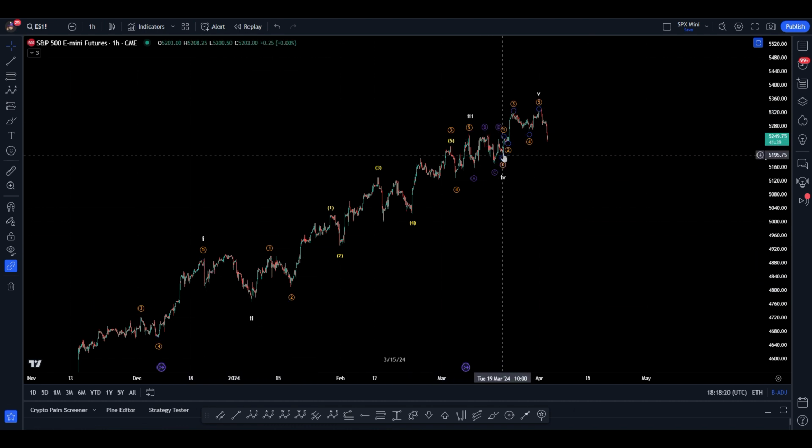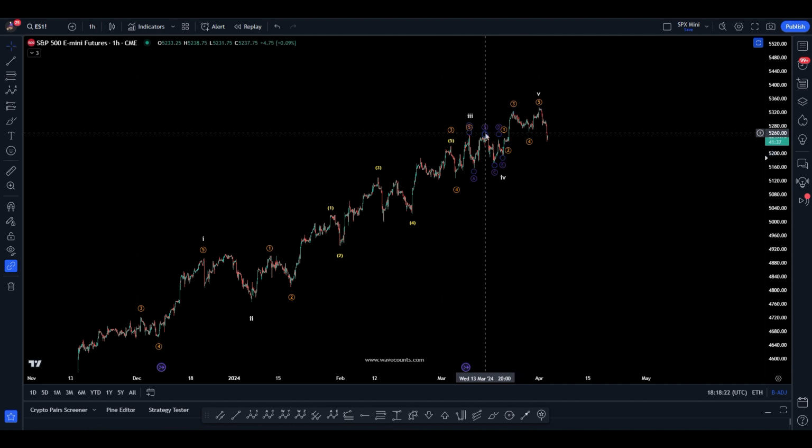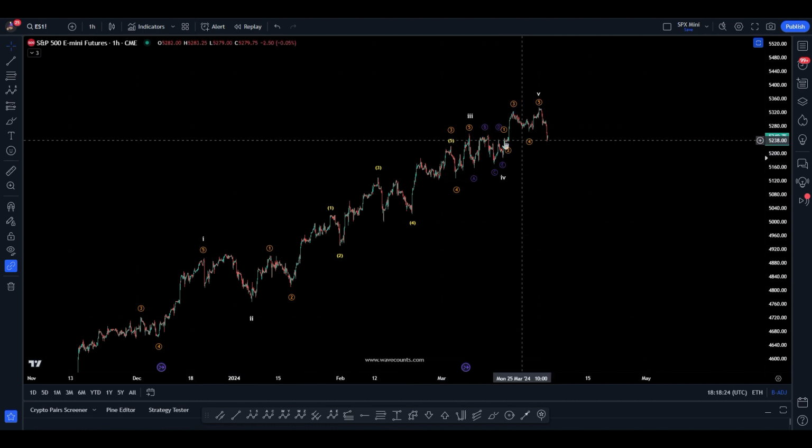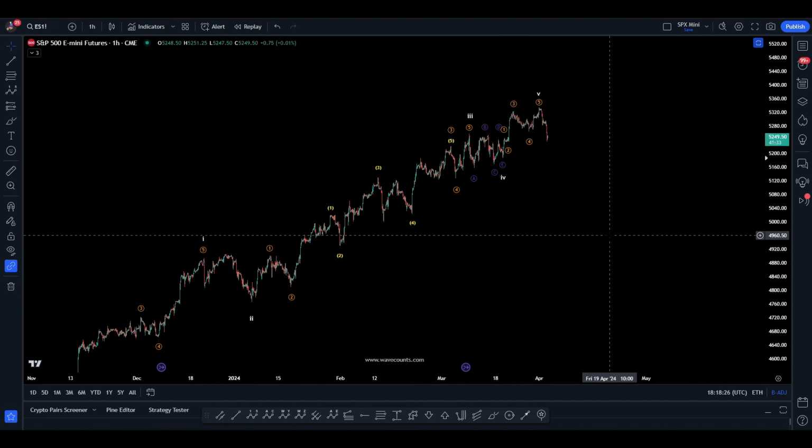That's alternation. A lot of people think that alternation is only sharp and sideways, when in fact that's not what the book says. What the book says is that in alternation, one will come close to or create a new high with the B wave or the X wave, and then the other won't.